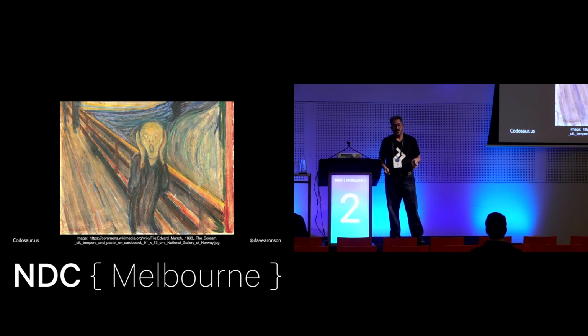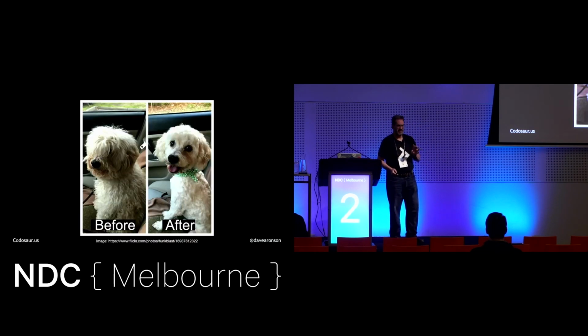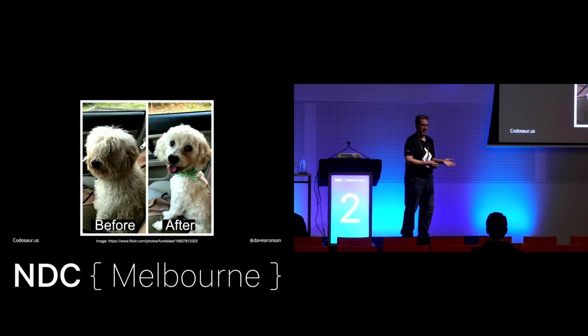Mutation testing, however, injects semantic changes, not necessarily problems. It doesn't know if these changes will cause problems or not. Now, we hope they all will, but that's up to the test suite.